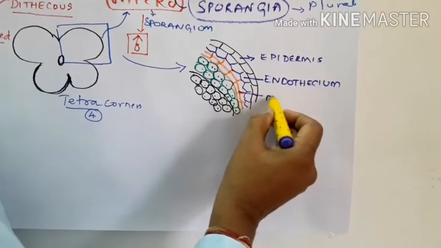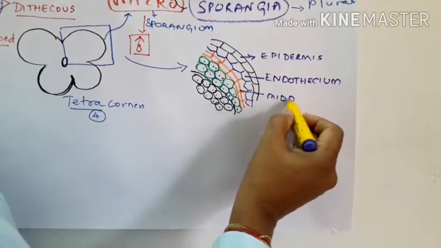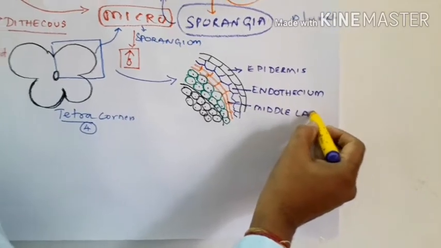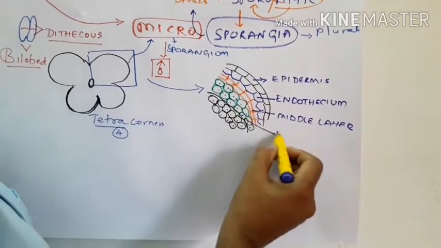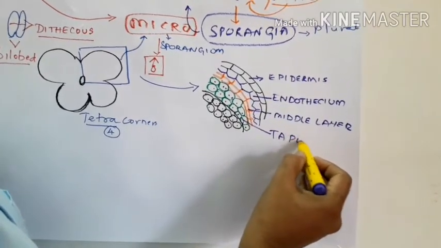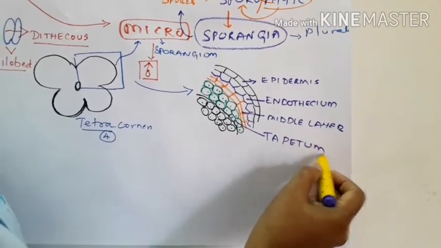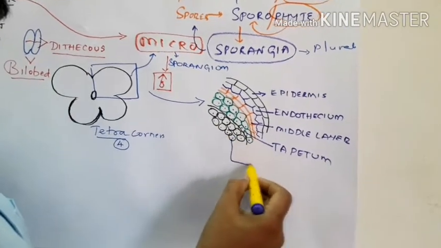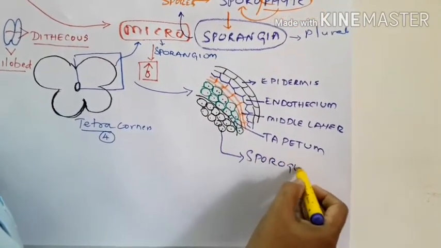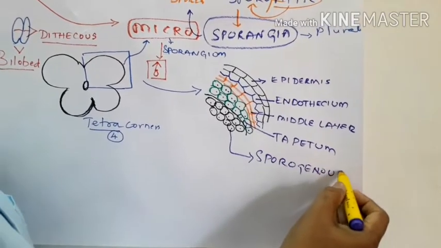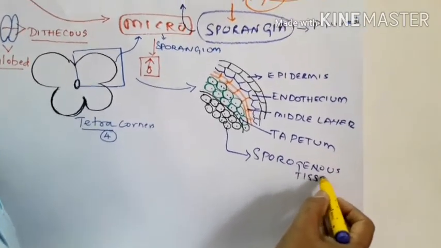This is called the middle layer. The innermost part, the fourth one, is called the tapetum. Okay, children? And you find some group of cells here. These cells are called the sporogenous tissue.